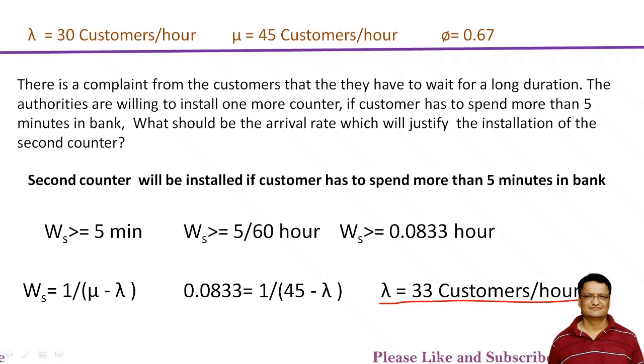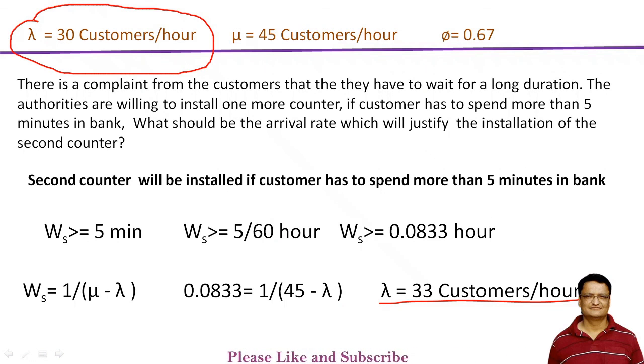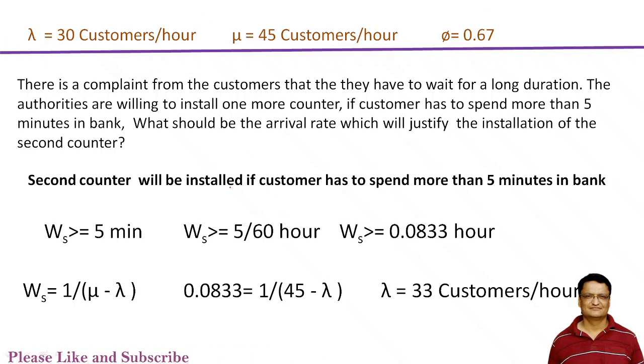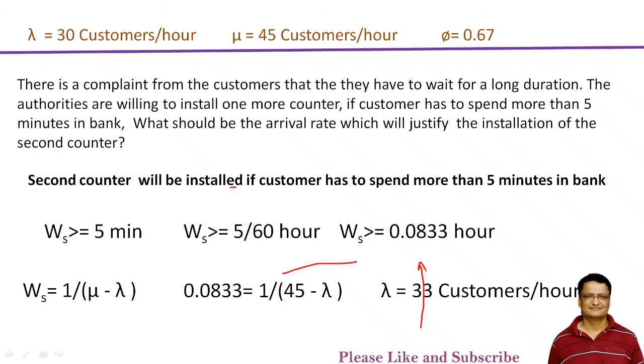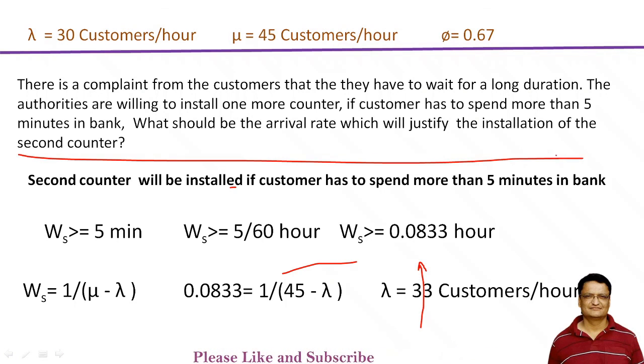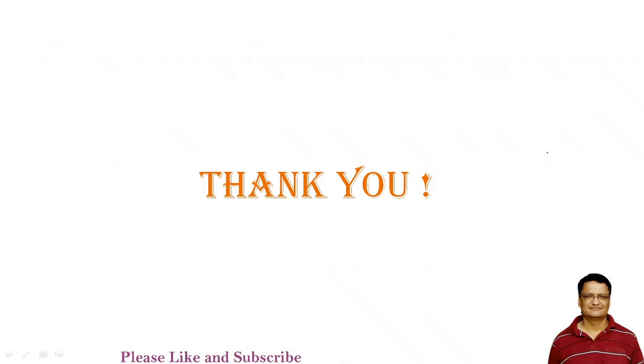Now, earlier we had this figure that customers arrive at a rate of 30 customers per hour. If this rate is increased to 33 per hour, then we will install the second counter. This is the meaning of this total question. Thank you.